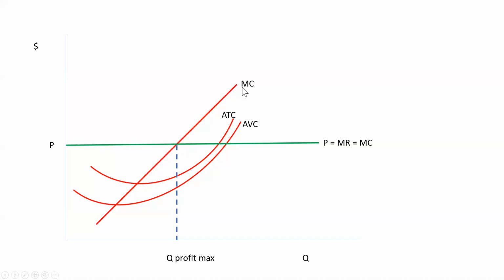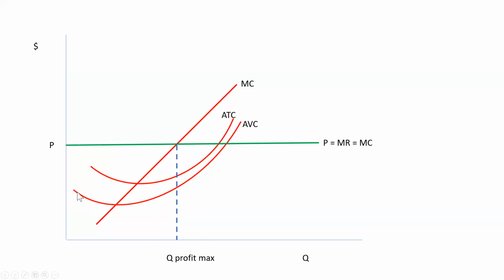So we have the firm's marginal cost curve, the firm's average total cost curve, and the firm's average variable cost curve. And we're looking for the point to find profit maximization where marginal cost equals marginal revenue. So we're looking for the point where the marginal cost curve crosses the price equals marginal revenue curve, right? Marginal cost is the cost of producing one more unit. Average variable cost is the variable costs divided by the quantity.